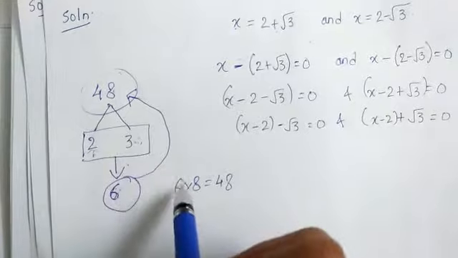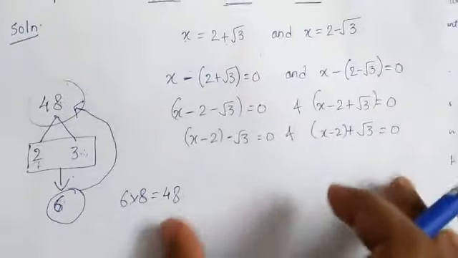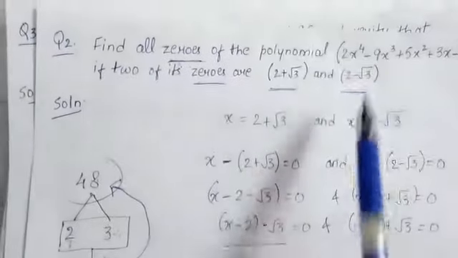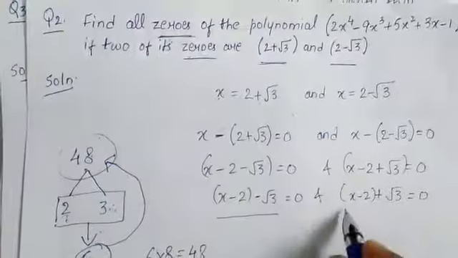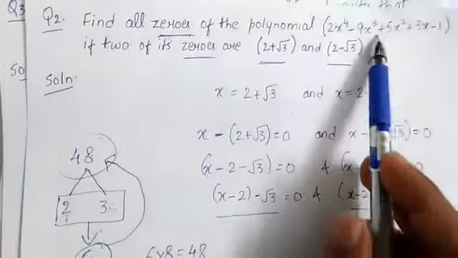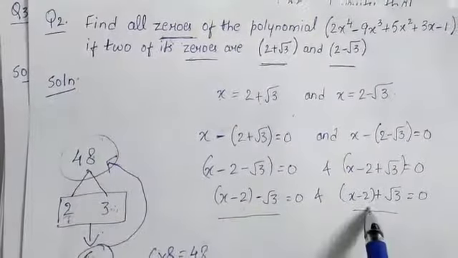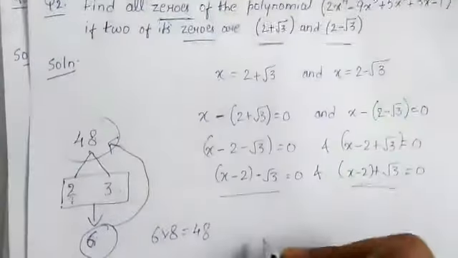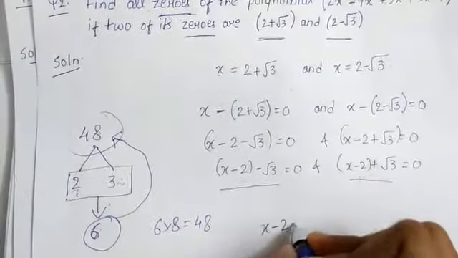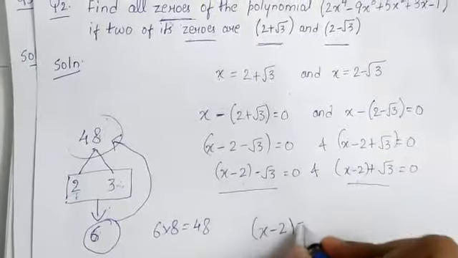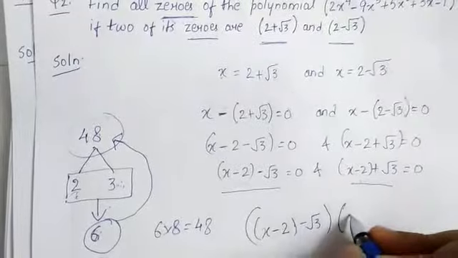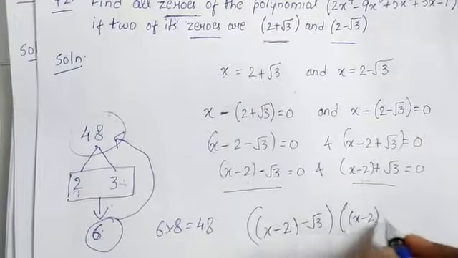So the same concept I am trying to use here. You are given that this is a factor of the given polynomial, and this is also a factor of the given polynomial. So the multiplication of both of these should also be a factor of this given polynomial. So let's multiply both: x minus 2 minus root 3 and x minus 2 plus root 3.